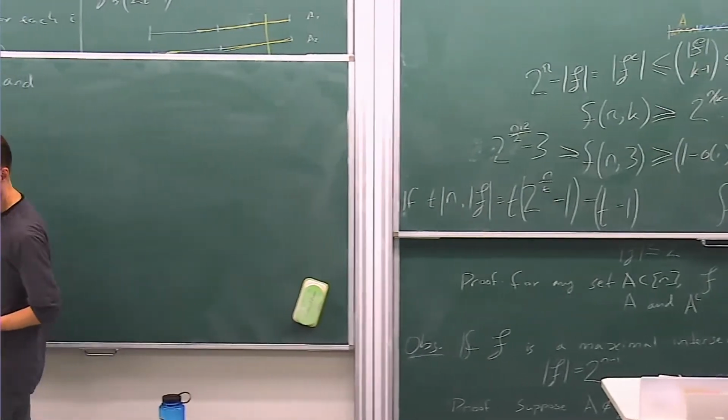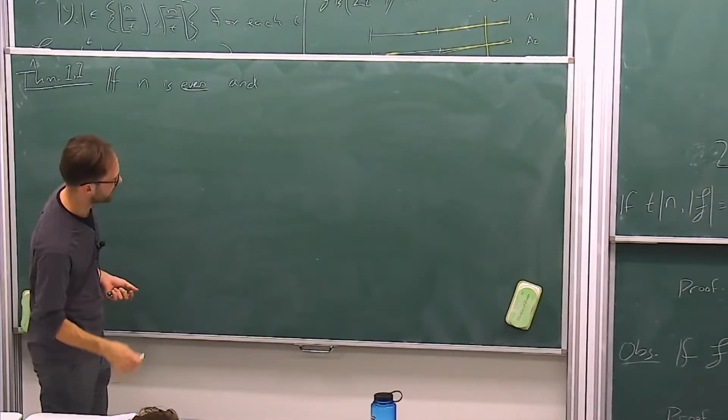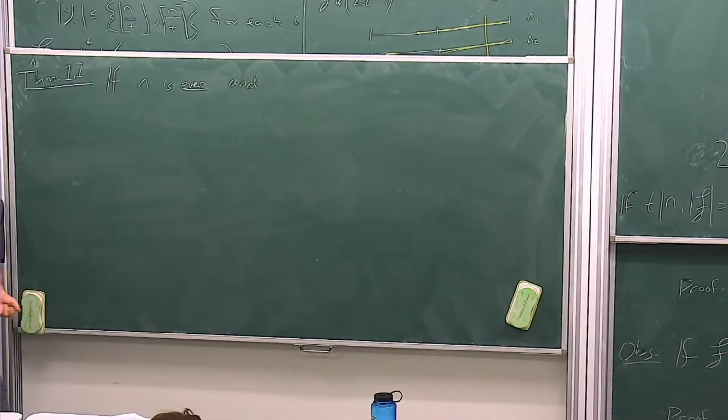So what we do is we really say that in the case that n is even, the extremal example is exactly this linked cubes construction.